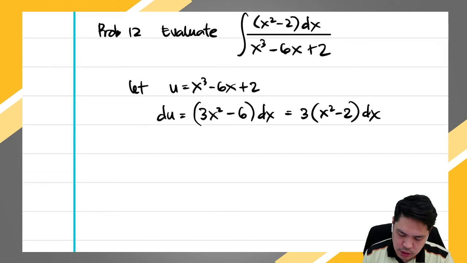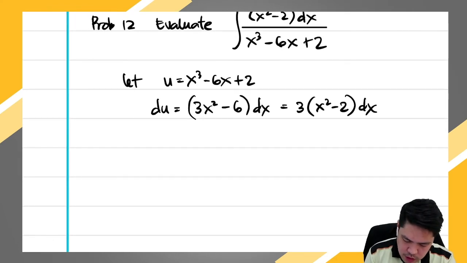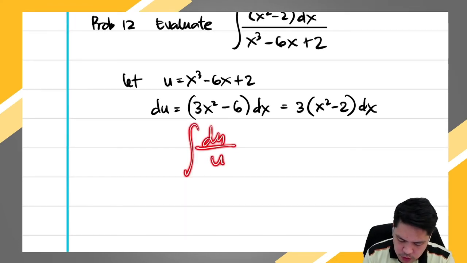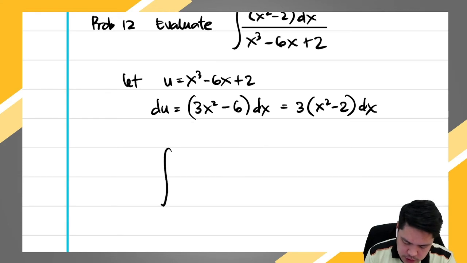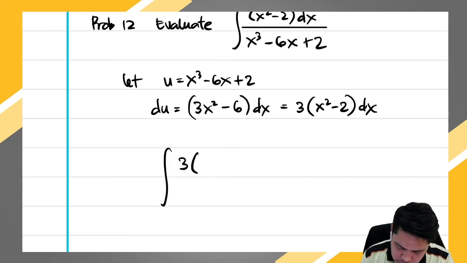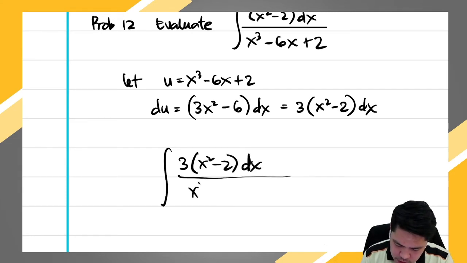dx. So if we reconstruct again the integral of du over u, then we'll have the integral of du, which is 3 times x squared minus 2 dx, divided by x cubed minus 6x plus 2, because this is our u.